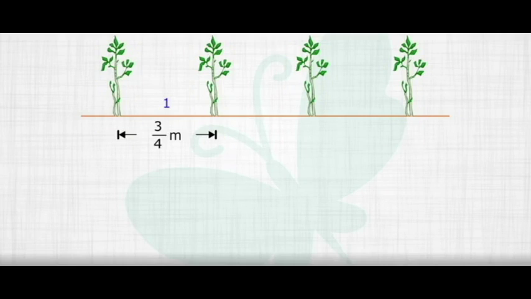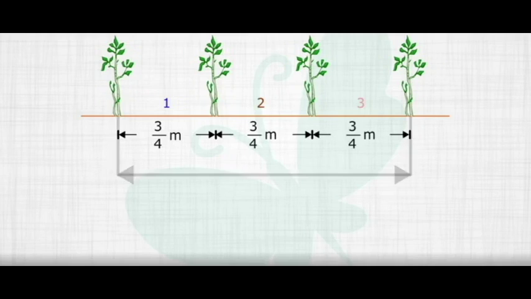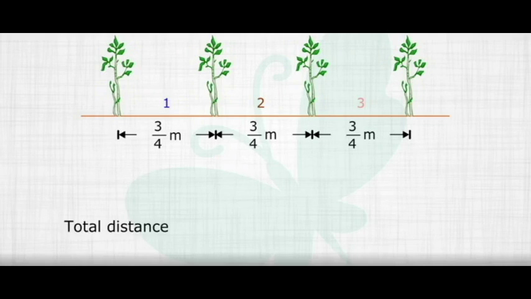Now there are 2 more gaps. So between the first sapling and the fourth sapling, this is the total distance, which is 3 such gaps. So the total distance is 3 into 1 gap, that is 3/4. So 9/4 or 2 1/4 meters.